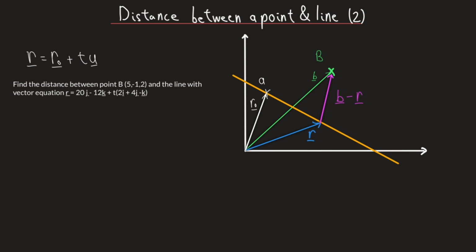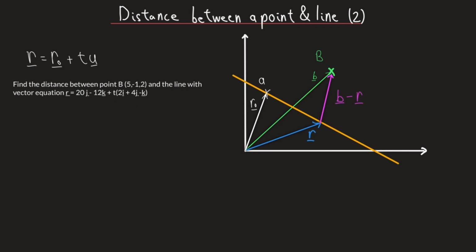So here we have our point B with coordinates 5, -1, and 2, and our vector equation where 20j minus 12k represents r naught. In other words, this represents the coordinates of our point A, because remember, our position vector r naught represents the coordinates of our point. And we also have the coordinates of our direction vector u.